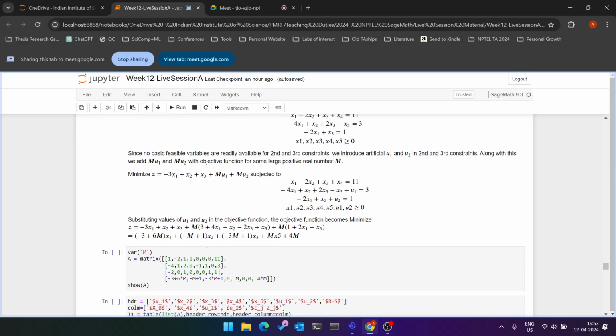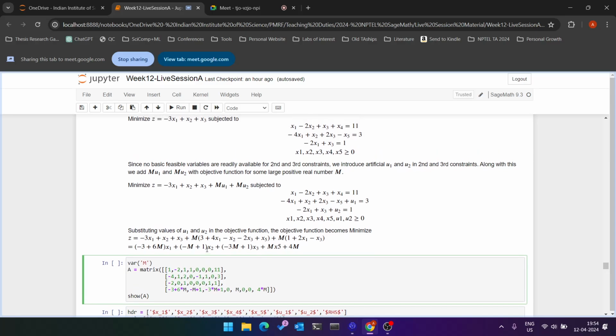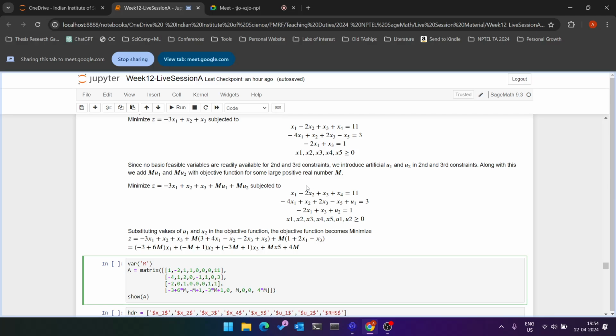So we'll go through the steps together. First we specify the capital variable M. Next we specify the matrix A, which contains the coefficients of the constraints: x1, x2, x3, x4, x5, u1, u2, as well as the right hand side. Okay, so this is how we'll write it down.